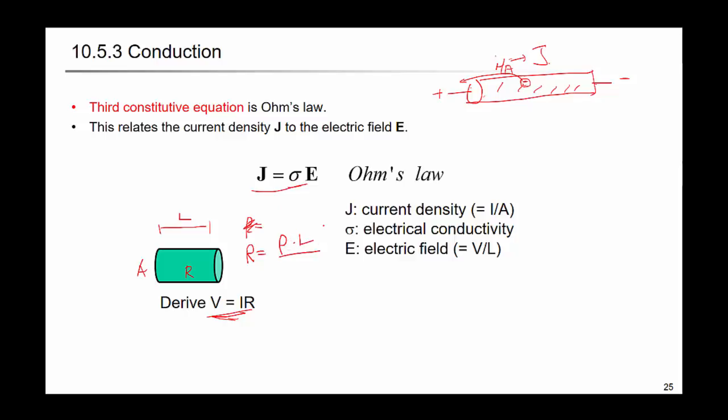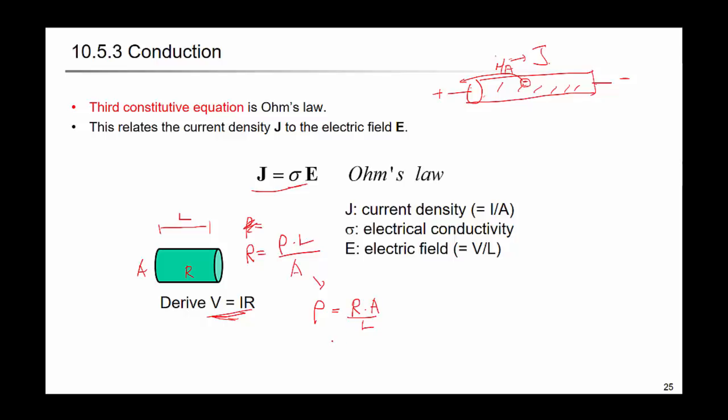And if the area is bigger, the charge can flow more freely because you have a large area to conduct, so the resistance will decrease, right? So the electrical resistivity is R times A over L.